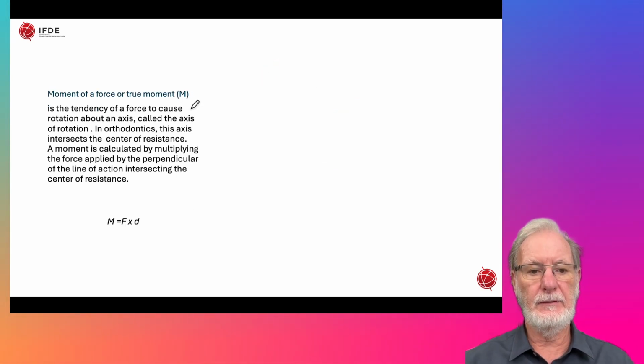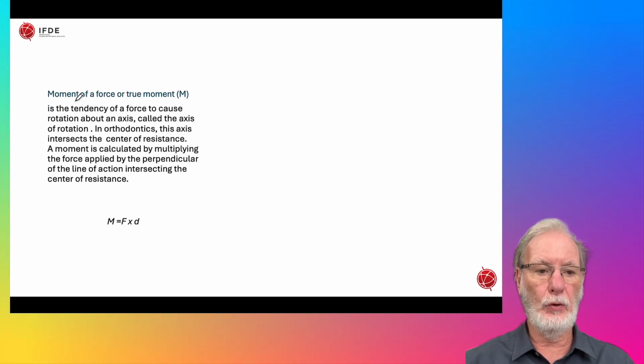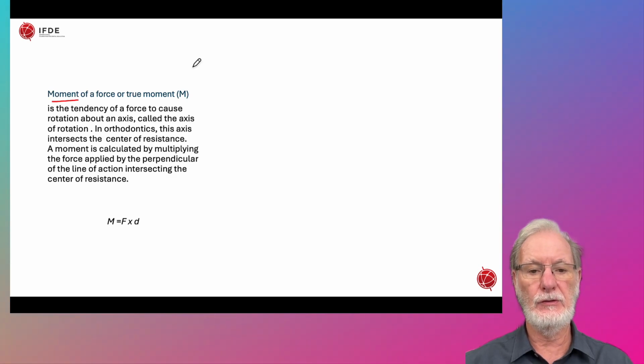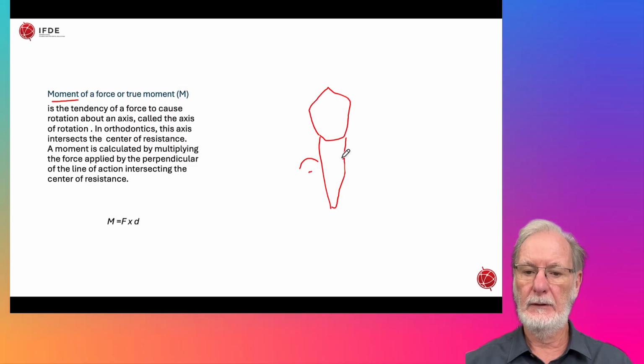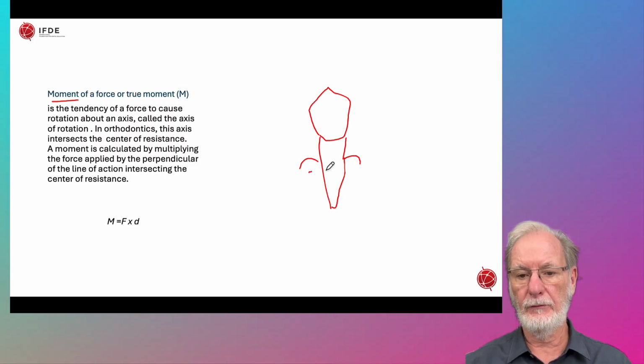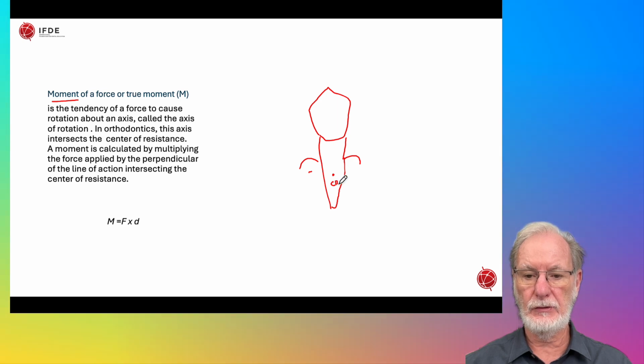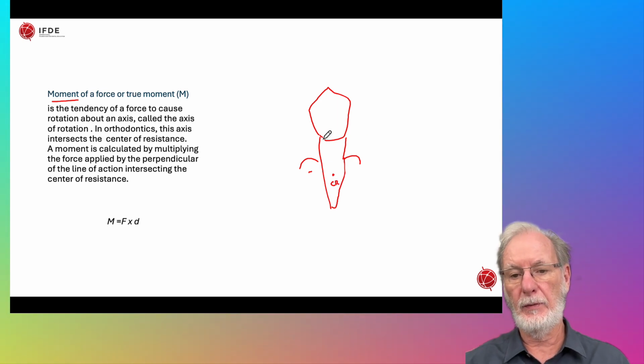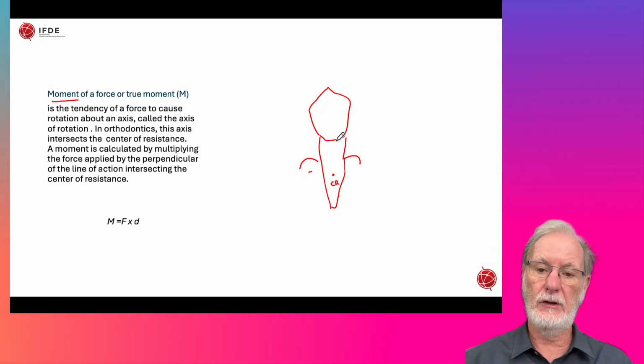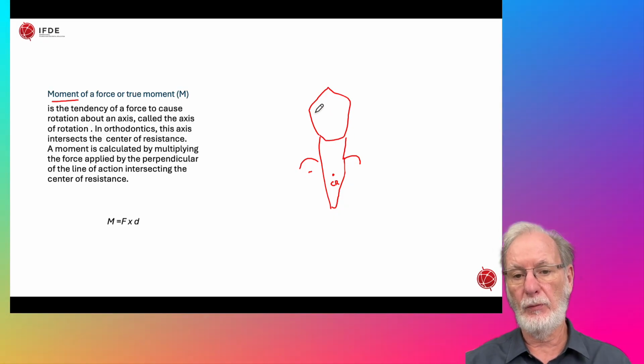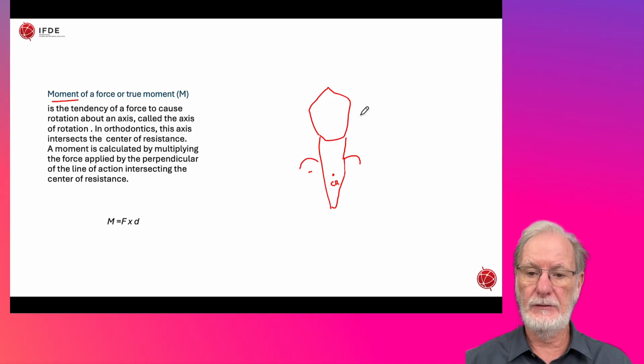Then the next very important concept in orthodontics to get a correct tooth movement is you have to be able to apply moments, because as we all know, and obviously depending on the bone level, the center of resistance will be at a certain position on the root, and we tend to apply, especially with aligners, the force only at the crown level by putting pressure on the crown. Let's assume you're putting pressure on this surface right here.